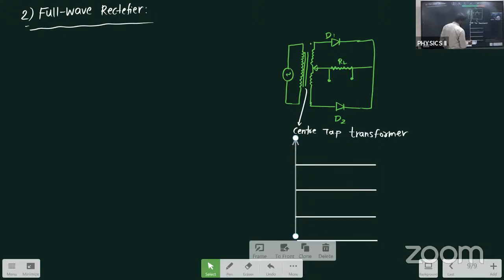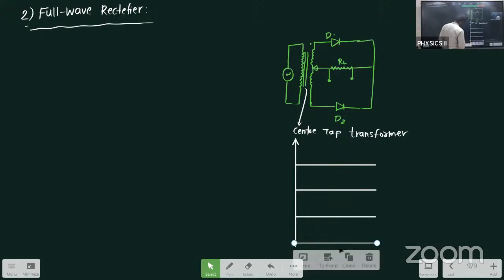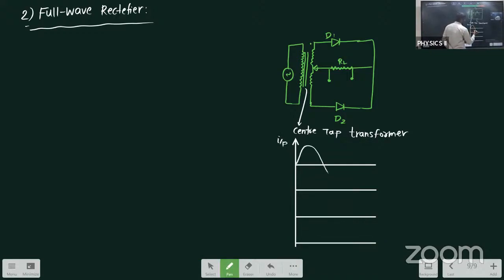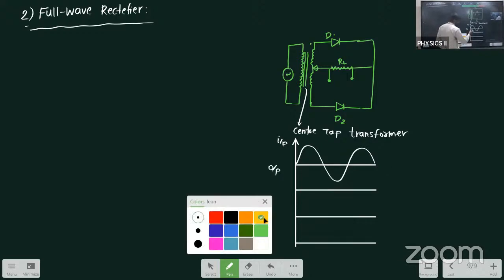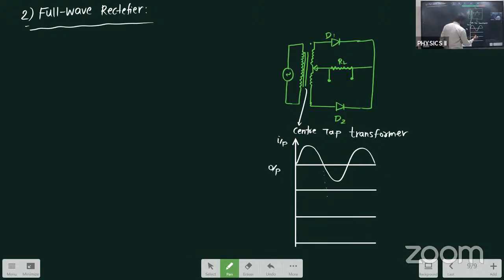I hope you are able to see this diagram. How will the input be? Here I am taking input. It will be an alternating source, so I'm considering a sine wave here. Here we'll be having outputs. These all are outputs. You will understand this. Don't worry.